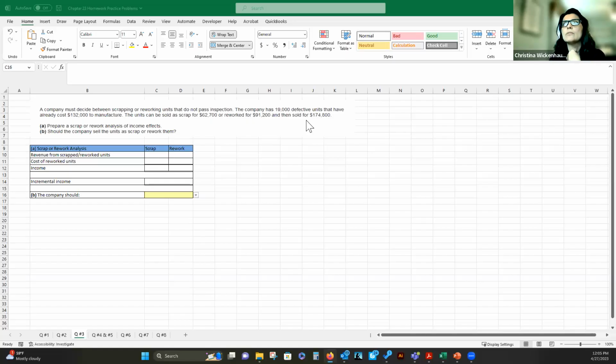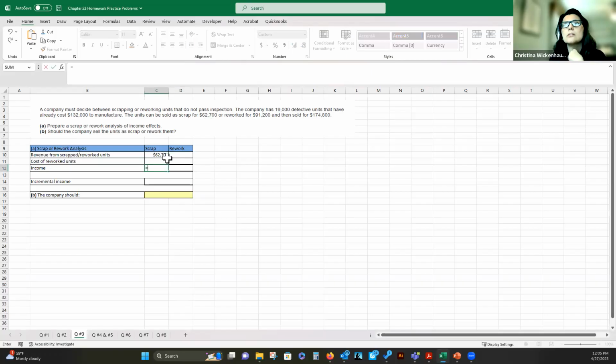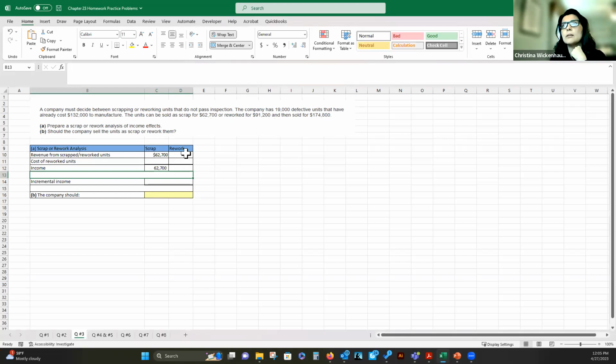So my revenue, if I scrap them right now, is $62,700. Again, I won't incur any additional costs for scrapping them. If I rework them, I can sell them for $174,800, but it will cost me an additional $91,200.